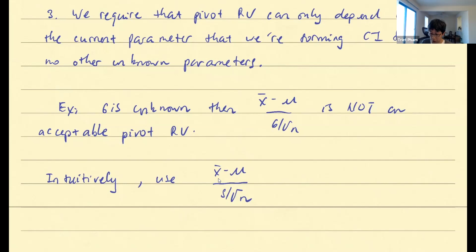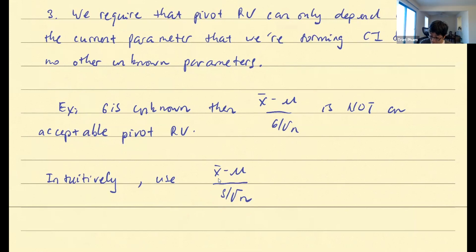It's called the plug-in approach, a funny name. So here sigma is unknown and mu is of interest, so you replace sigma with S, the estimator. S squared is the sample variance, so S is the sample standard deviation.